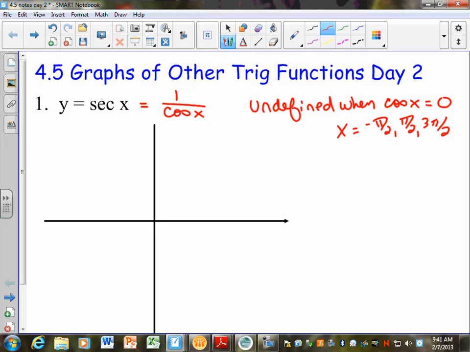Which means, just like with tangent and cotangent, my advice to you is, step 1, we're going to find our asymptotes, and then we can graph points in between there. So, just like yesterday, I'm going to make my graph here, 2 pi.